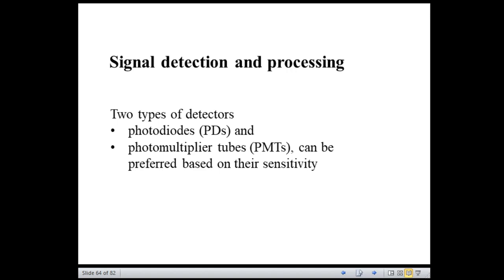And there are two types of detectors. Number one, photodiodes, and number two, photomultiplier tubes. So these can be preferred based on the sensitivity of detection.